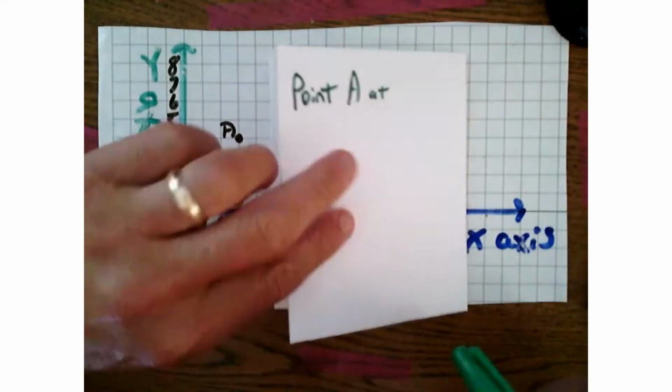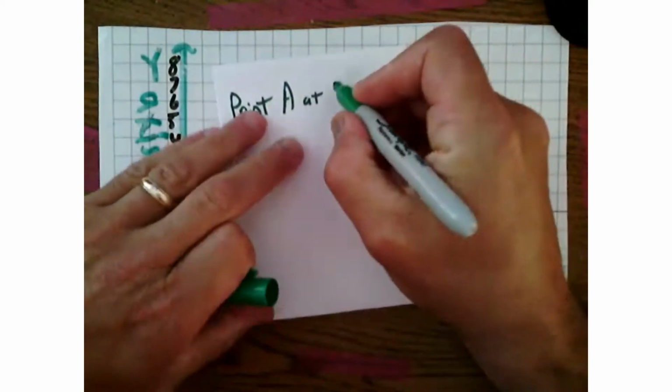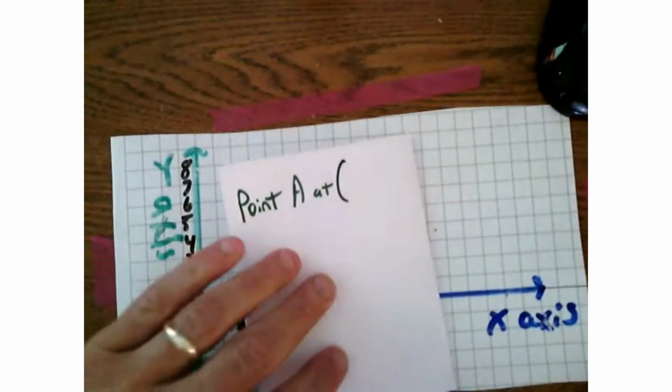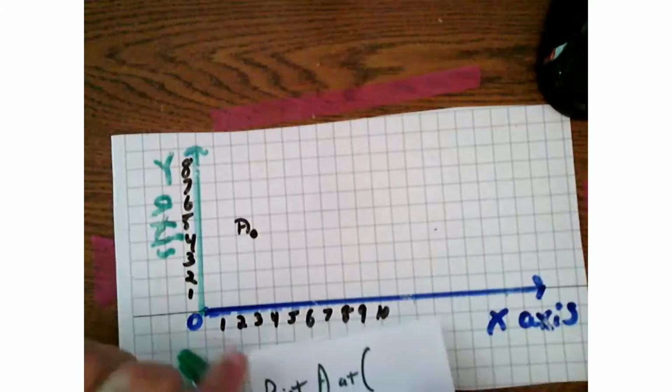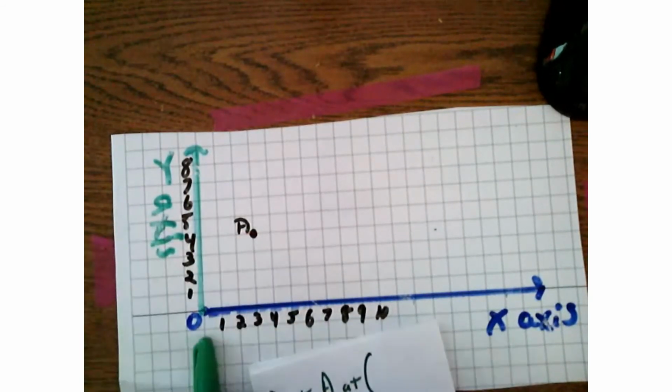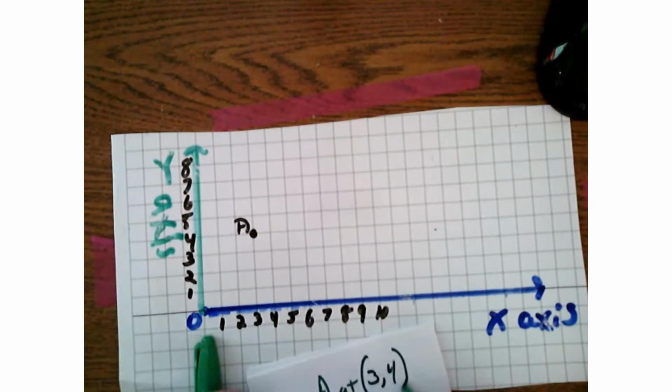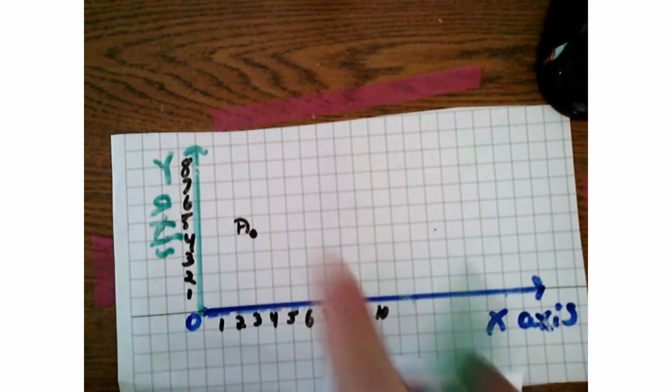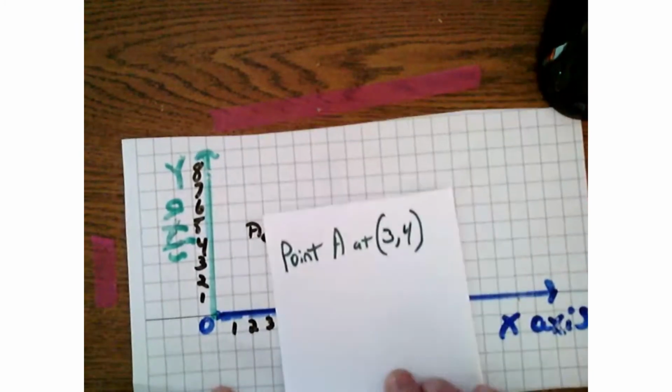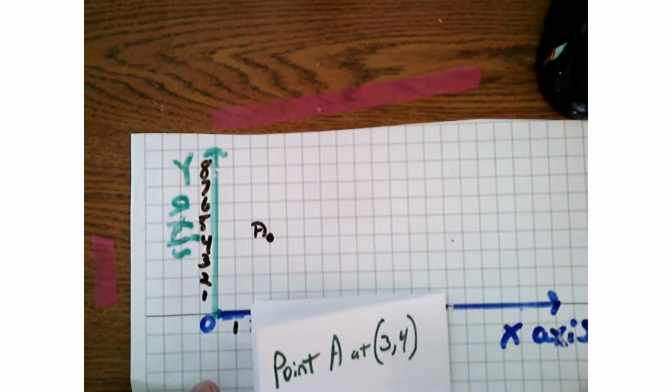So point A is at ordered pair, and don't forget how we learned how to do ordered pair. So it's at ordered pair 3, 4, because 3 is on the x-axis and 4 is on the y-axis.